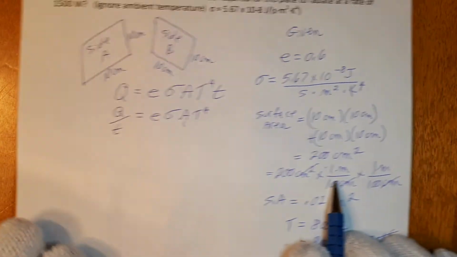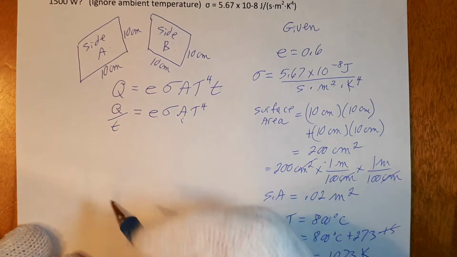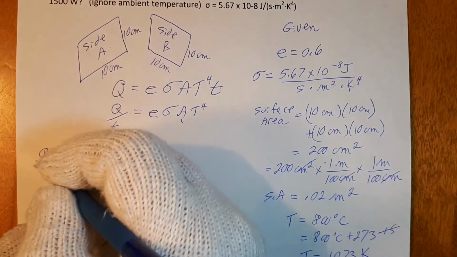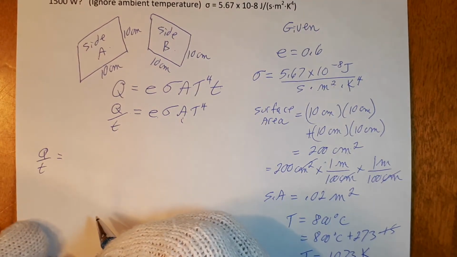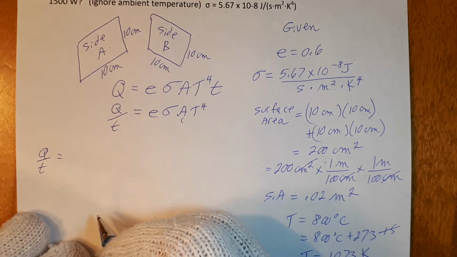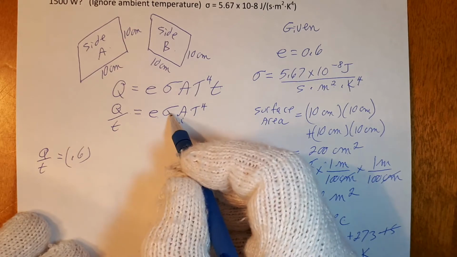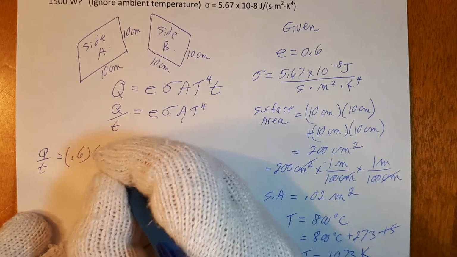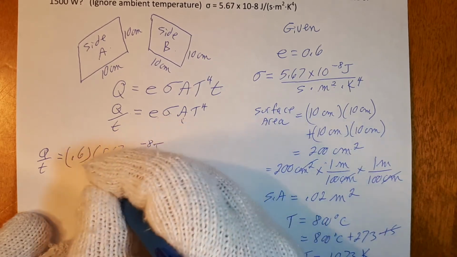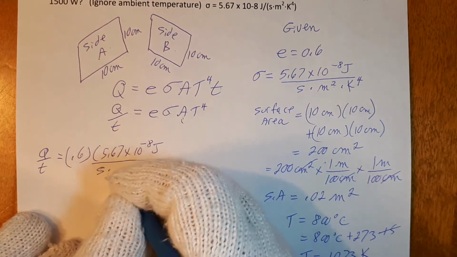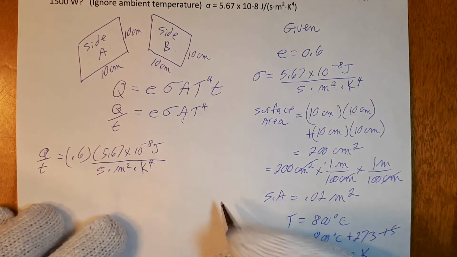Putting all of that into the equation now, I'm going to start way over here on the left-hand side with the rate of heat. The rate of radiation energy, Q over t, is equal to 0.6, and the Boltzmann constant, 5.67 times 10 to the minus 8 joules per second meter squared Kelvin to the power of 4.